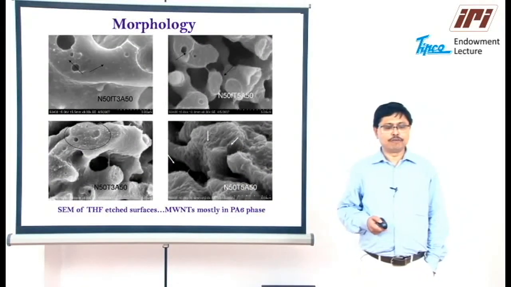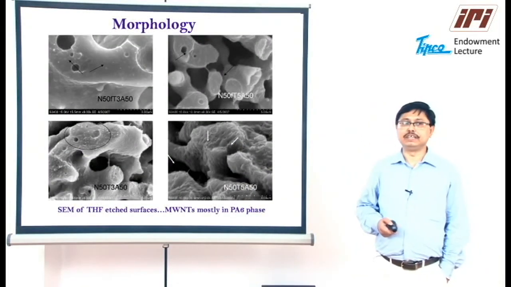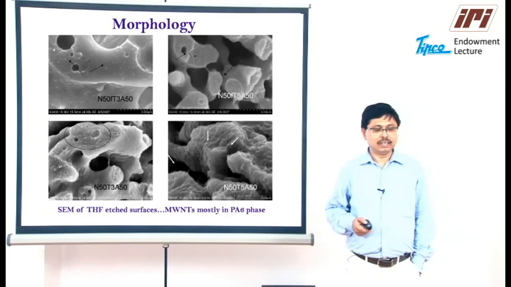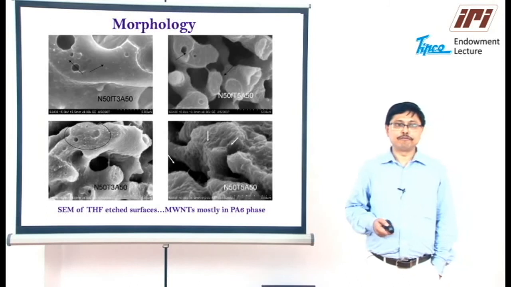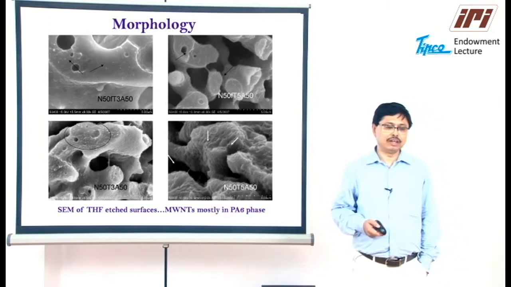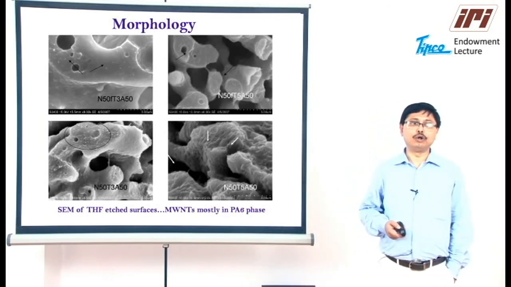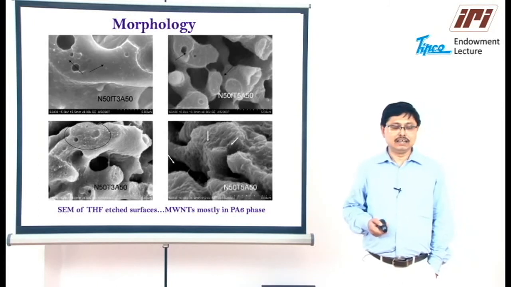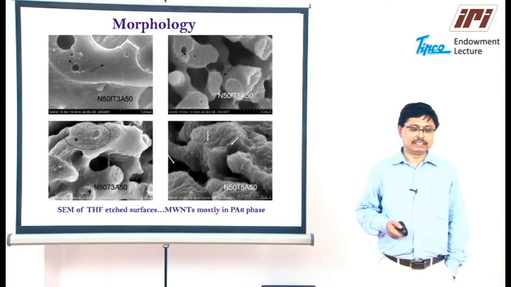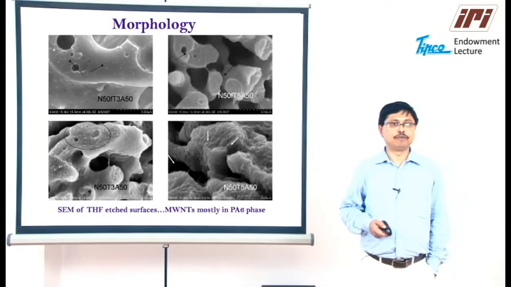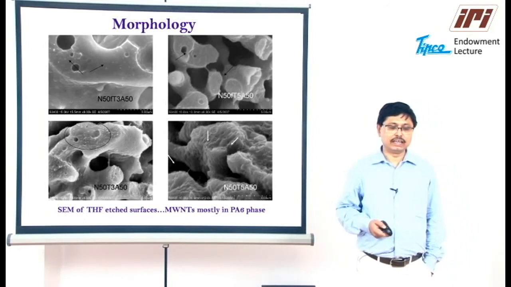When you look at the morphology of these materials, it is very interesting to see that even in the co-continuous structure, the nanotubes are seen selectively in the polyamide 6 phase, and they are also seen to bridge between two ligaments of the polyamide 6 phase. A bead-like morphology is also developed on the nanotube surface.